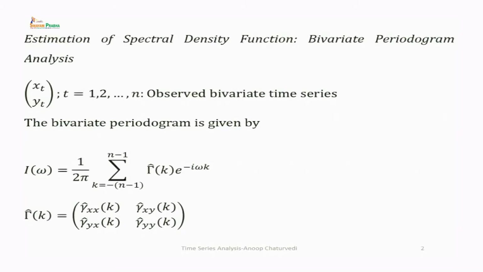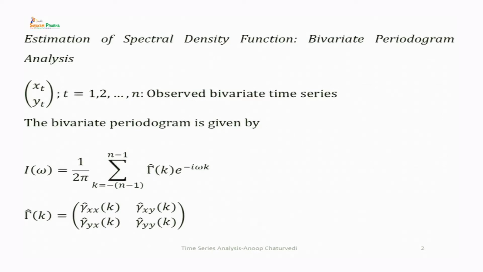So, for estimating the spectral density function of a bivariate time series process, we use bivariate periodogram analysis. Suppose x t, y t, t equal to 1 to n are n observations from a bivariate time series. So, this is the observed time series.